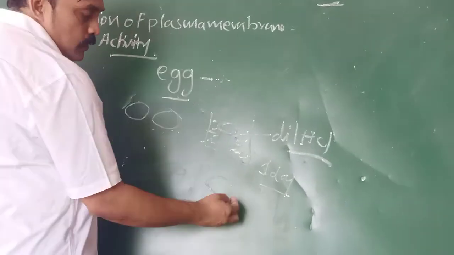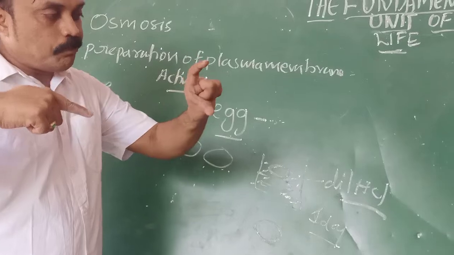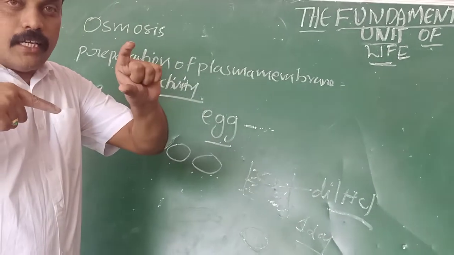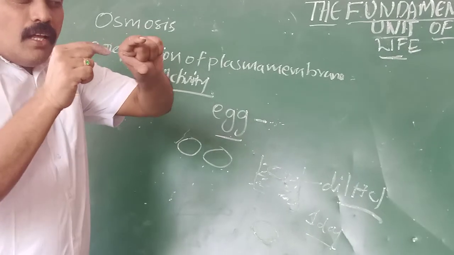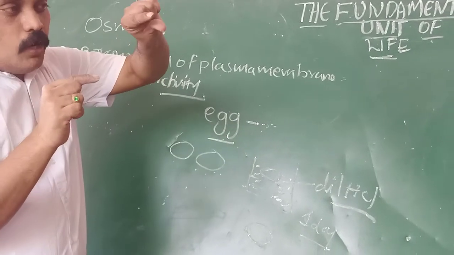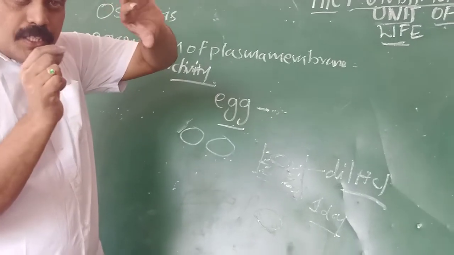Do one thing. Just take one injection needle. Whatever egg without shell you collected, just make a hole. Slowly, you have to do it very slowly. Remove whatever yolk is inside the egg. Remove everything.